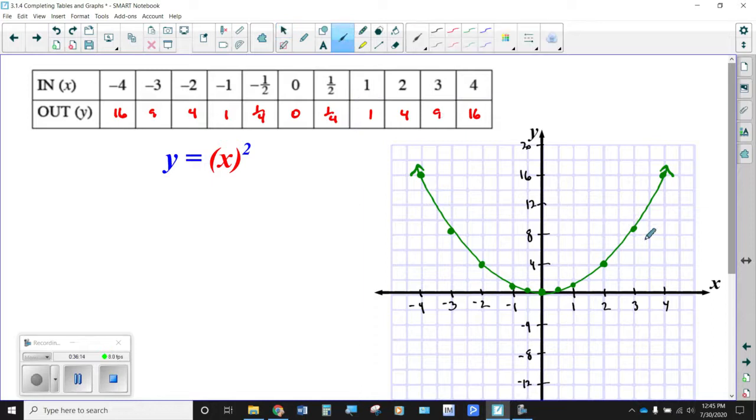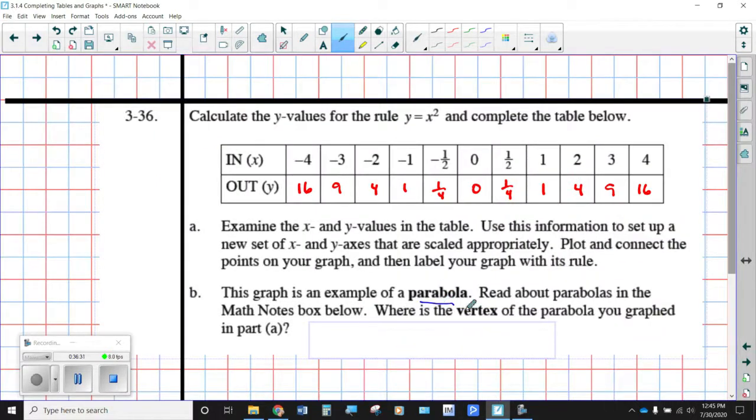Did I label my points? No. So this point right there was at 3, 9. This point down here is at 0, 0. And this point right there is at negative 4, 16. Okay. So what was the question that we had to answer here? Where is the vertex of the parabola that you graphed?